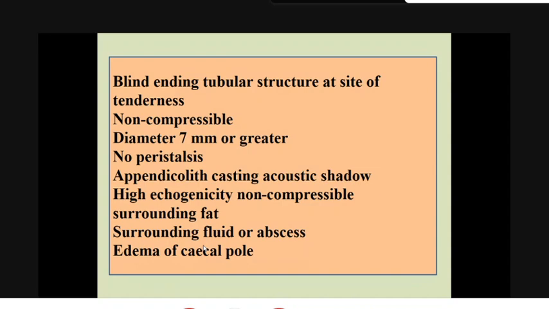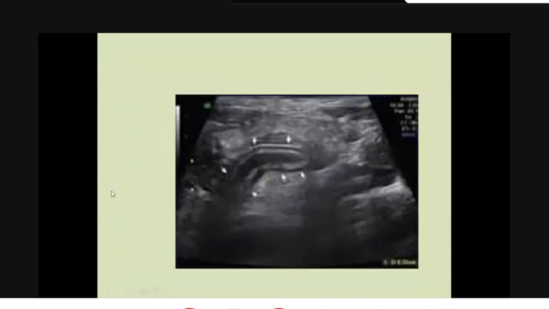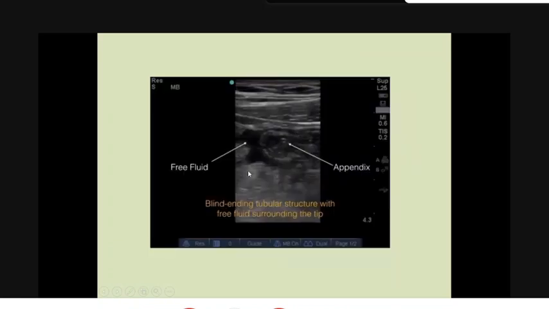acute appendicitis on ultrasound. تشوفون هنا عندي a blind end tubular structure. هذا هو الابندكس. Thick wall greater than 7 millimeter in diameter with surrounding edema and free fluid indicate acute appendicitis. This is another example.